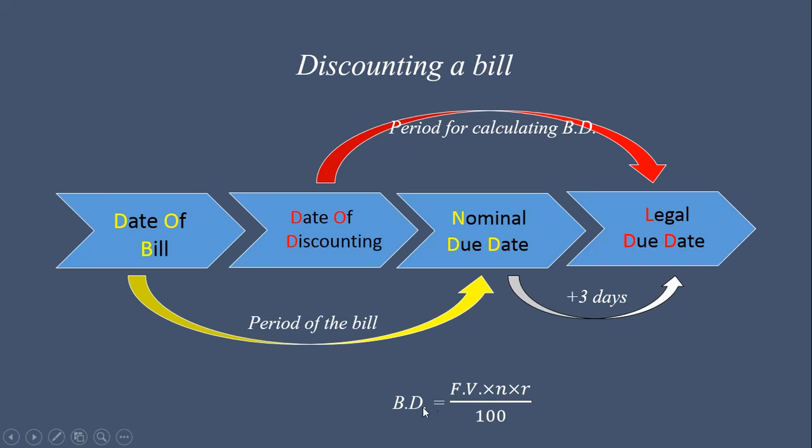Here letter N is used, but remember that while calculating banker's discount we have to consider this N. It is the period from date of discounting to legal due date. R is rate of interest upon 100. And one more formula, cash value is equal to face value minus banker's discount. So cash value is the money received by the drawer at the date of discounting. We consider these things and solve examples.